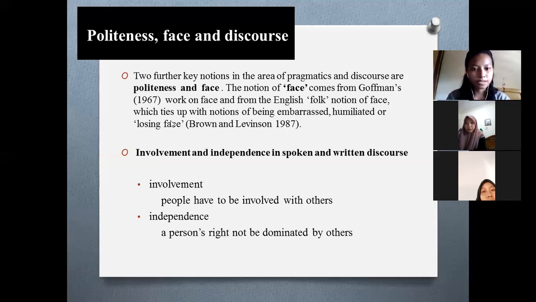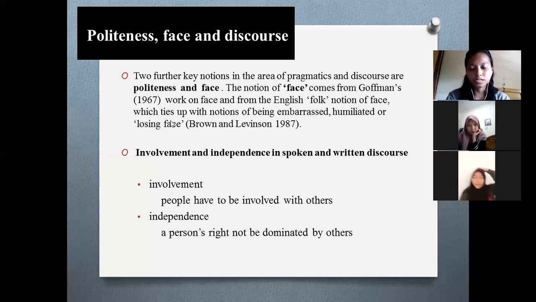Next, involvement and independence in spoken and written discourse. To further its use in discussion of face and politeness, the notion of involvement and independence. The term involvement refers to the need people have to be involved with others, and to show this involvement.